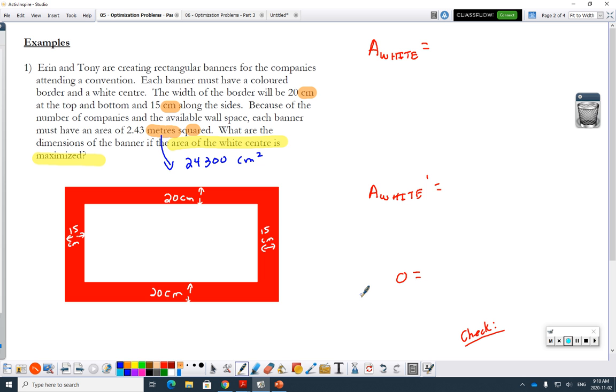Then I'm going after area of the white part. So I've got a decision to make. I've got an L and W I want to put on here, and I've got a decision to make about where I put L and W. If I put L all the way along here, that will work, but then my area of the white part here will be L minus something and W minus something.